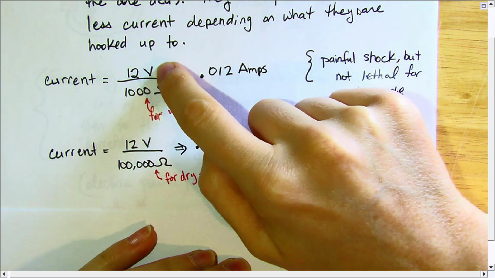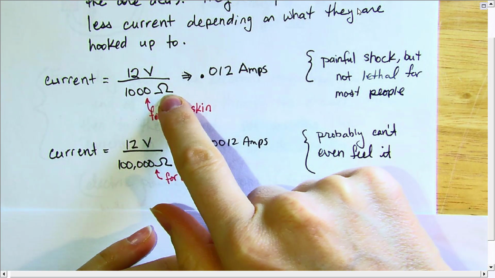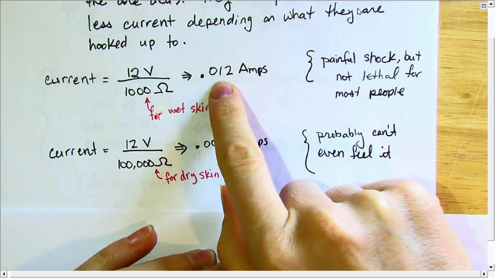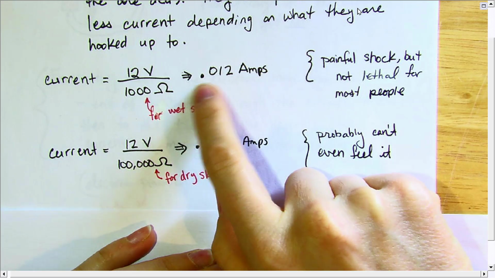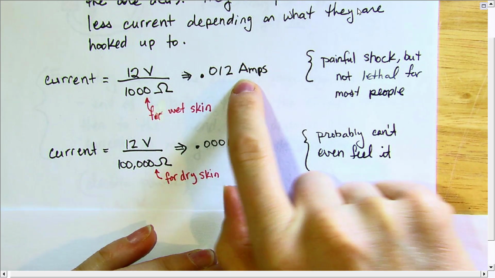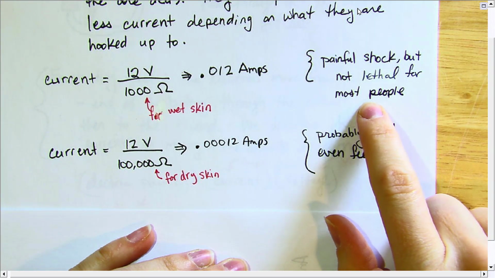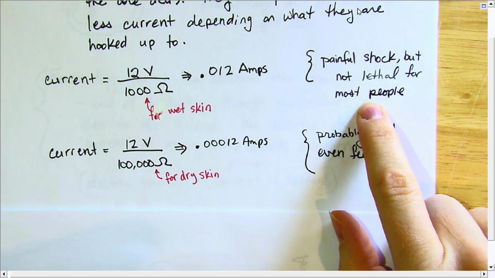So if you do 12 volts of the battery, trying to get through your 1,000 ohm resistance for wet skin, that ends up about 0.012 amps. Now, if you look this up, what would that feel like to a person? That would be a painful shock, but not lethal for most people. Like if you had a pacemaker or a heart condition, yes, it could still be lethal.